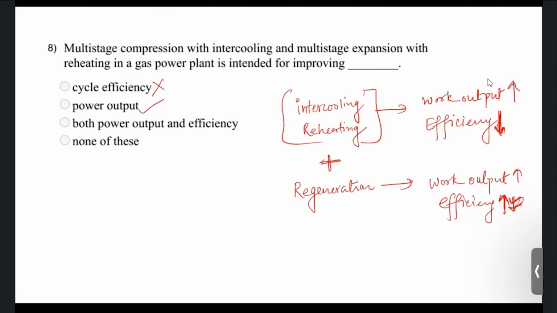Power output, yes. Both power output and efficiency, no. None of these, no. So this is the right option. So multi-stage compression and multi-stage expansion with intercooling and reheating respectively result in higher power output, but lower cycle efficiency. Okay, so the second one is the right option.